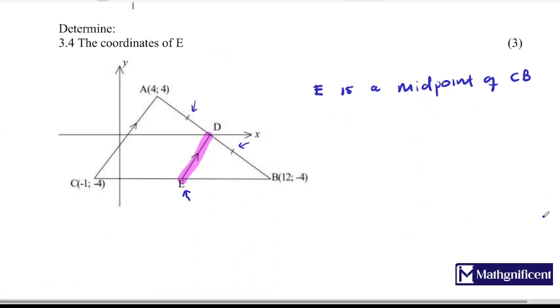So now we are sure that line DE bisects line AB. And then moving from that, we can see that line DE is also parallel to the second side of the triangle, which is line AC.